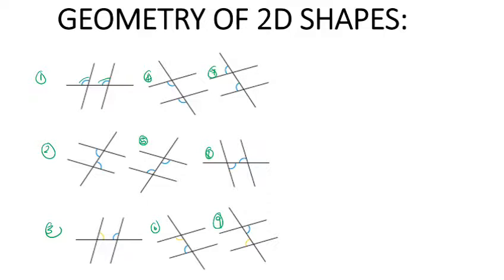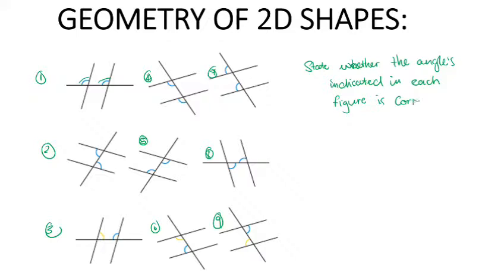Now you need to state whether the angles indicated in each figure are either going to be corresponding, or alternating, or the other one would be co-interior.